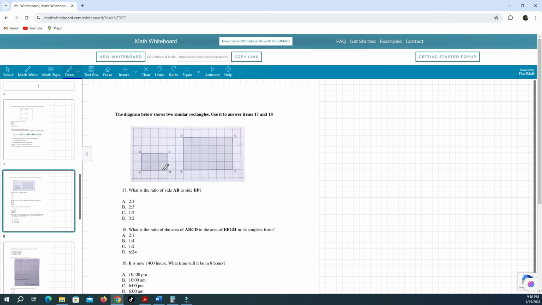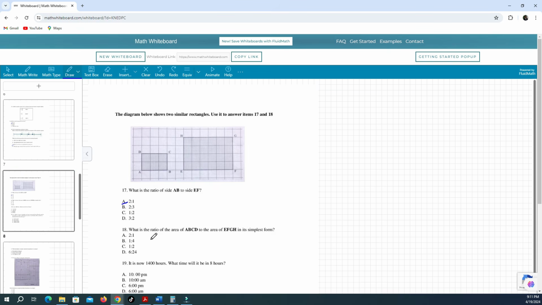This is 1, 2, 3 squares. This is 1, 2, 3, 4, 5, 6. So it looks like it is a 2 to 1, right? So every 2 makes 1 of this. So it looks like it's a 2 to 1 ratio.